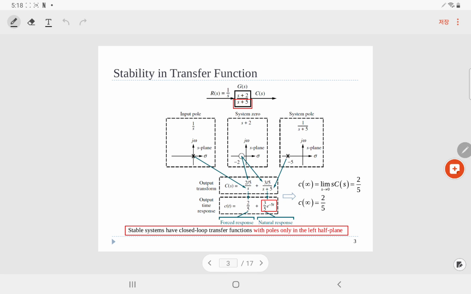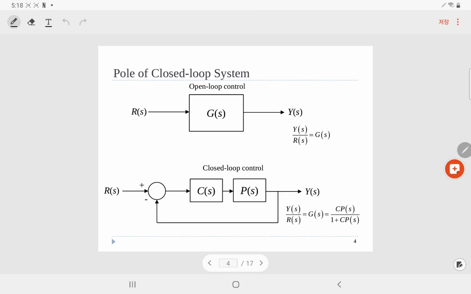Okay, let's see this page. Here we assume that P(s) denotes the dynamic system to be controlled, and C(s) denotes the controller to be designed, and hence here we consider the feedback system, a unit feedback system like this, and this plus and minus term means this is the negative feedback system.